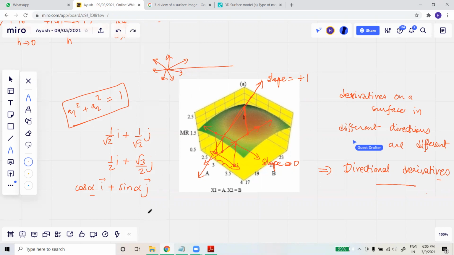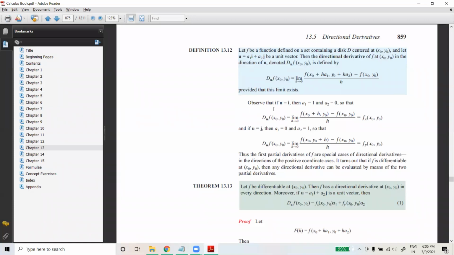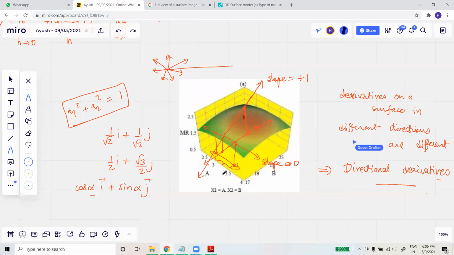So let it be the case that we are now finding the directional derivative for u equal to I. What does it mean? It means they are taking this direction, u equal to I direction.